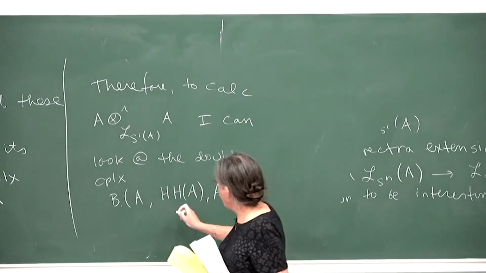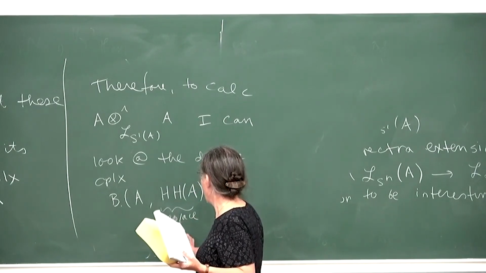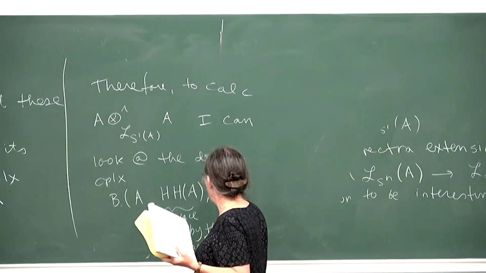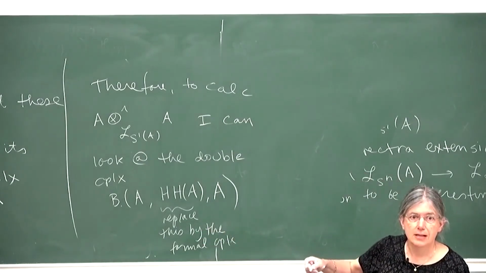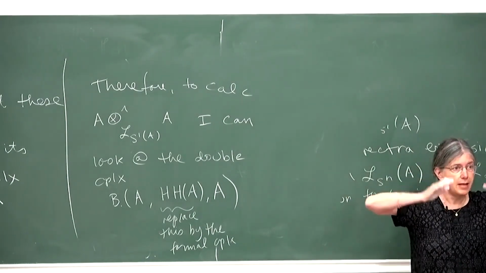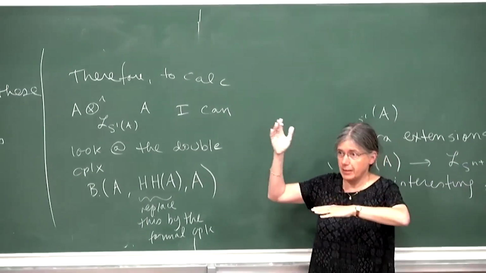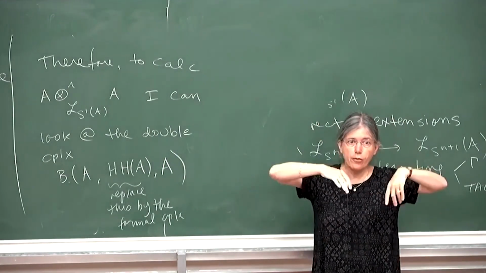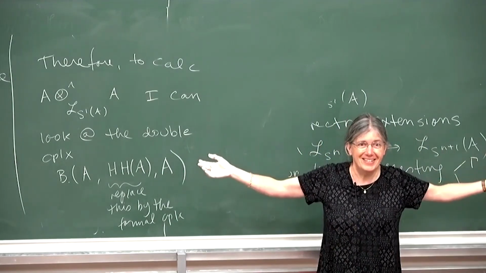But I can replace this by the formal complex and go from this double complex to another double complex that has the same homology. If I replace the columns that have the Hochschild homology of A by the formal columns, I'm taking a double complex and saying that its homology is the same as the homology of a double complex where all the downward differentials are 0. So that collapses at E2.